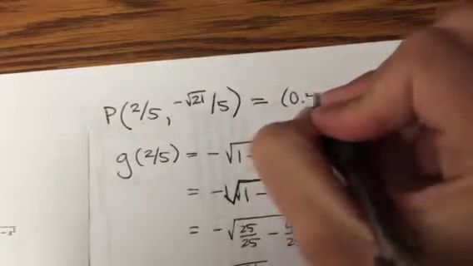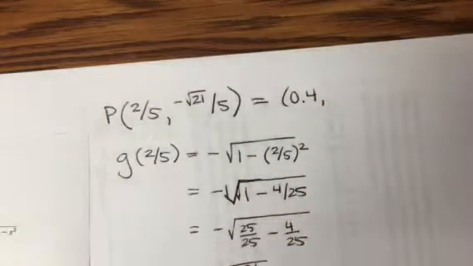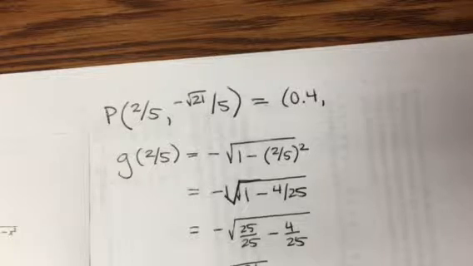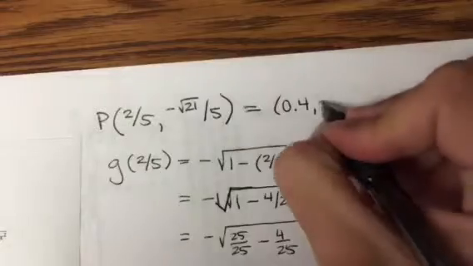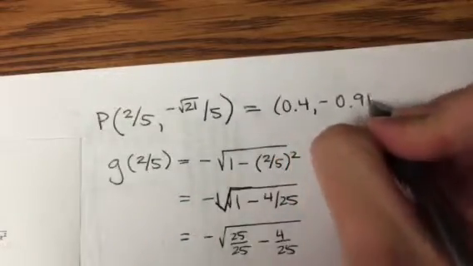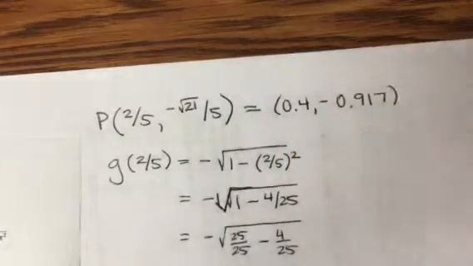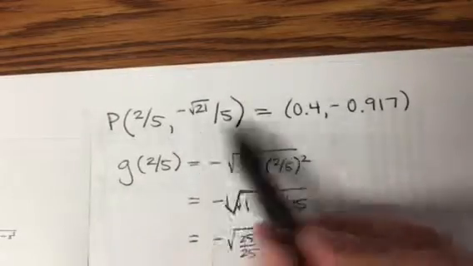So you're going to do your decimal, and the decimal is going to be negative 0.917.